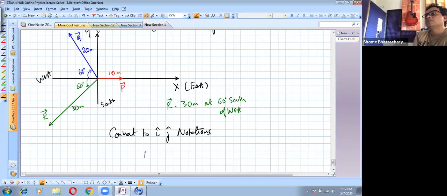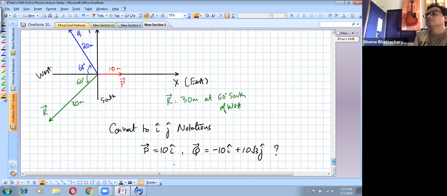So the vector P will obviously be written as 10 I cap. But what is not so obvious and what you will work out yourself is that vector Q will be minus 10 I cap plus 10 root 3 J cap. Okay. So just verify this. Is this correct or not?